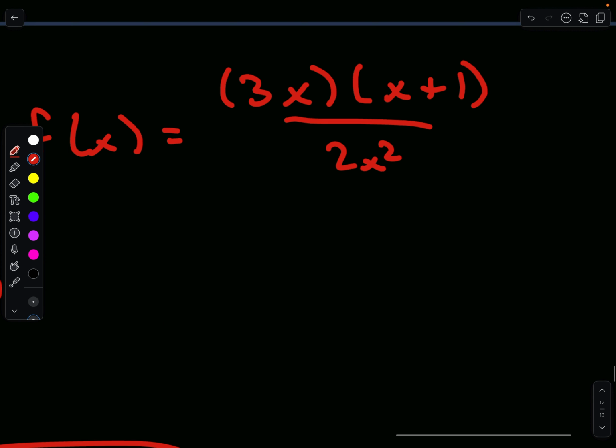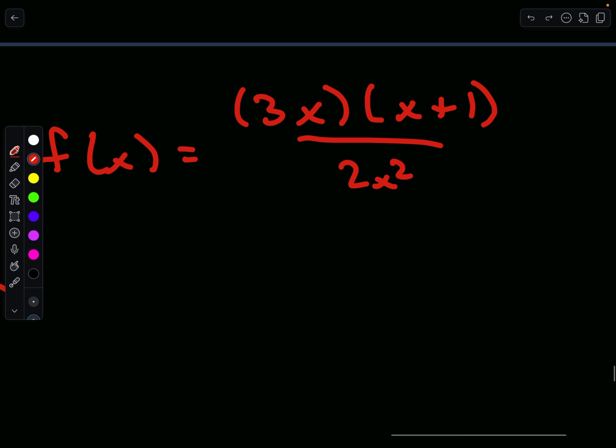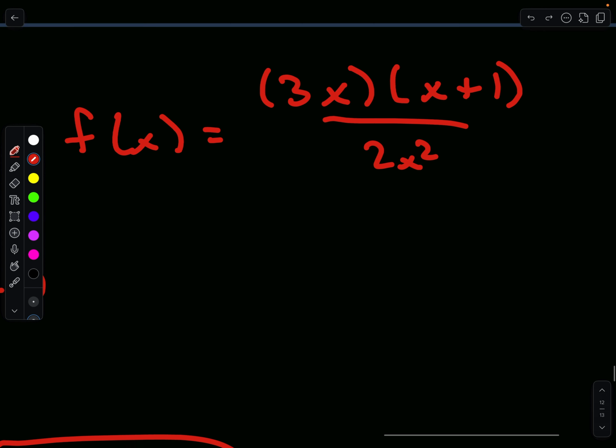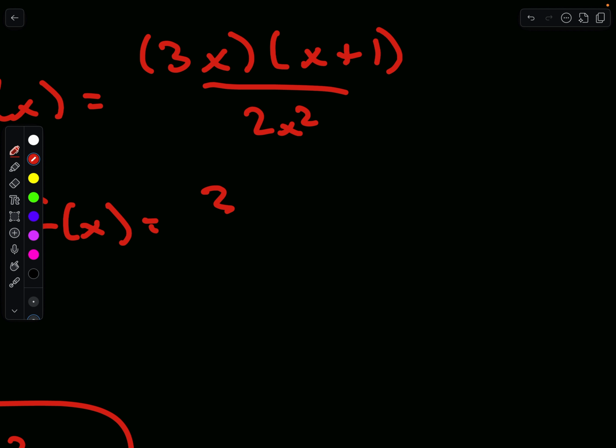Now let's look at the last example. This guy over here, you could either use product rule or you could simplify. Let's simplify because that is the best and easiest option. If we have f of x, then we can simplify it to get (3x squared plus 3x) over 2x squared.